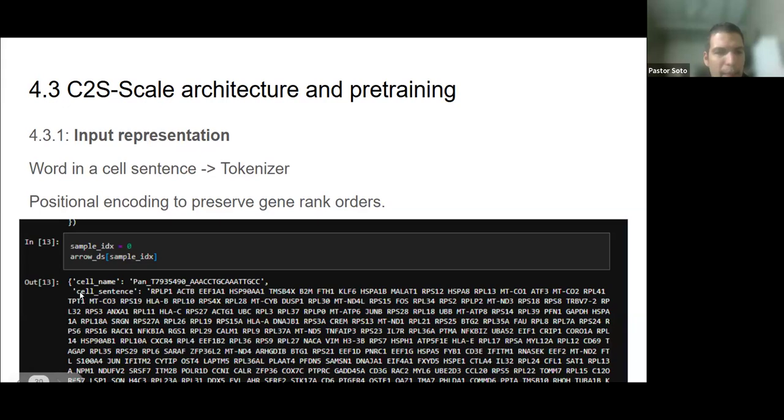And they have the input representation. You have the cell name, you have the different sentences, and those sentences are ranked by their expression, and then they are tokenized with positional encoding to preserve gene rank order. So these also have that information.